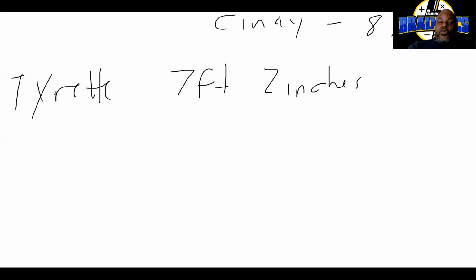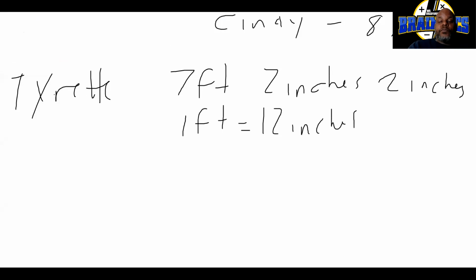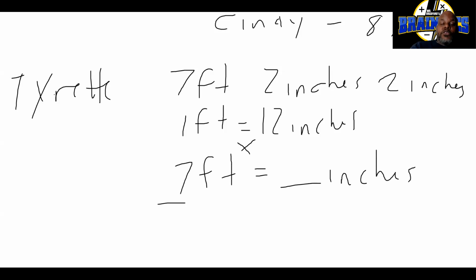So we know we have 2 inches, but we also have 7 feet. Now we know that 1 foot equals 12 inches. So if we multiply to figure out how much 7 feet is, so 7 feet equals how many inches? We're going from larger to smaller, so we're going to multiply. 7 times 12. 7 times 12 is what? 84.